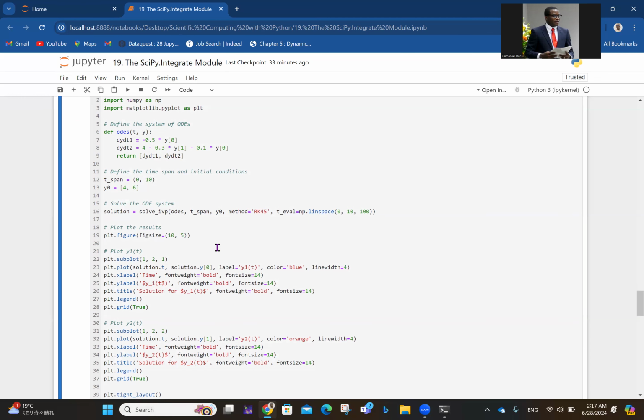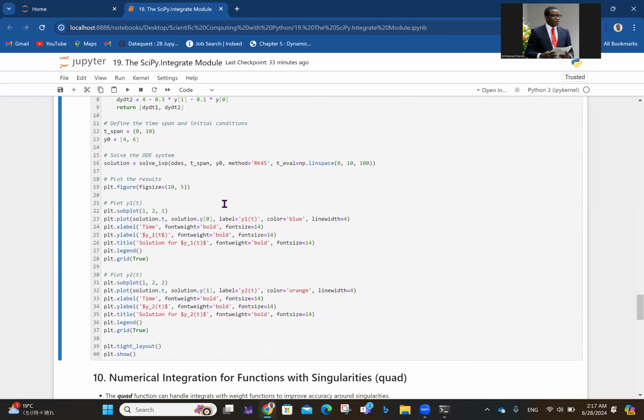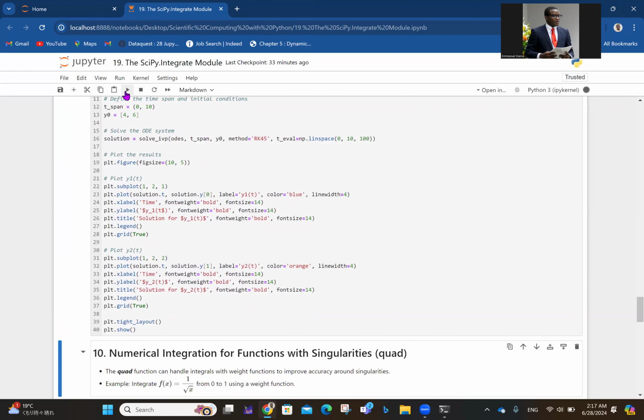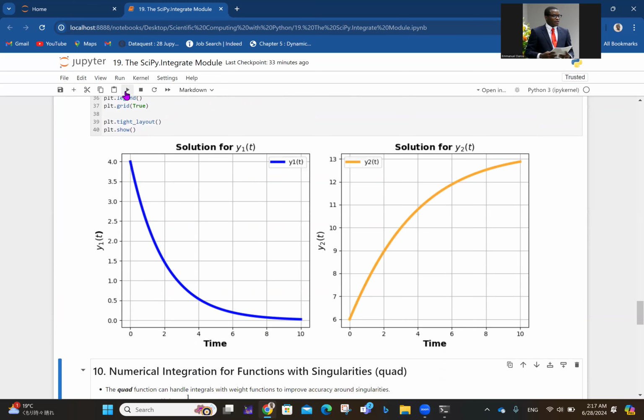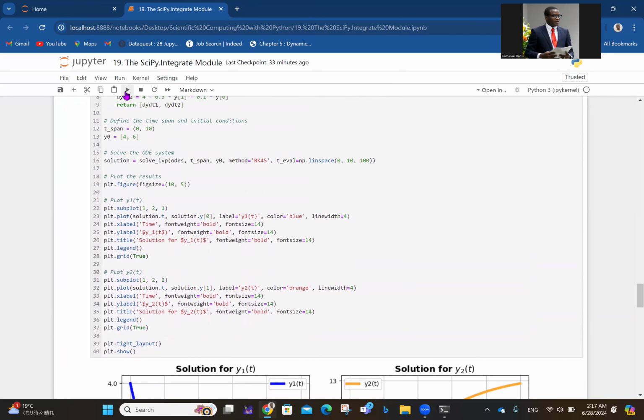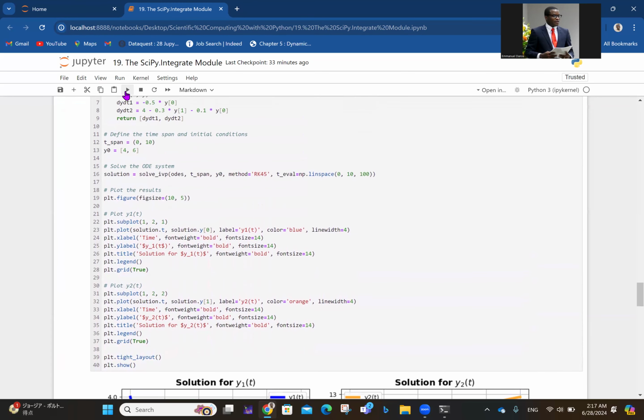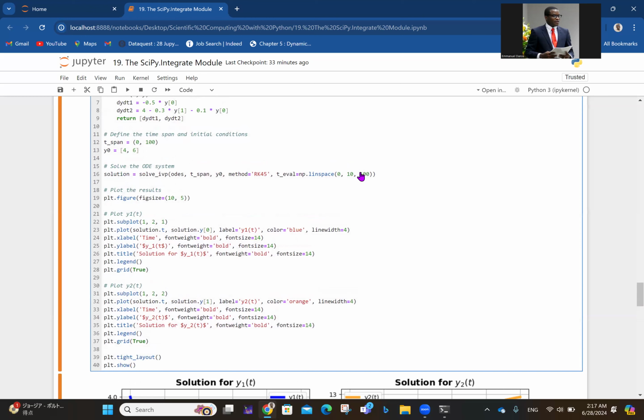And then what you have in the rest is the display of the results. So you're going to see in the results how y1 and y2 evolve over time. So that's what happens in this case. Okay, so what if we want to increase the time span to, say, let's go 100, and see what happens.